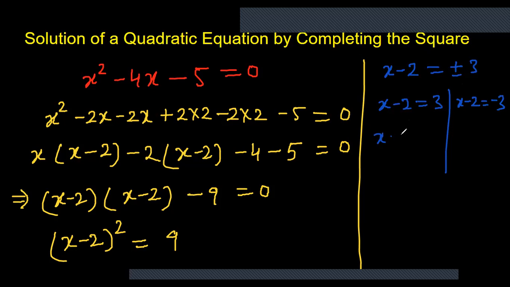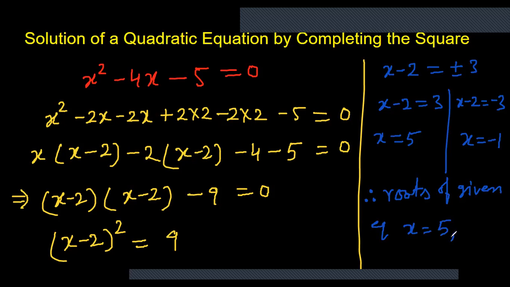So this gives you x is equal to 5, and from here we get x is equal to minus 1. So therefore, the solutions or roots of the given equation will be x is equal to 5 or x is equal to minus 1.